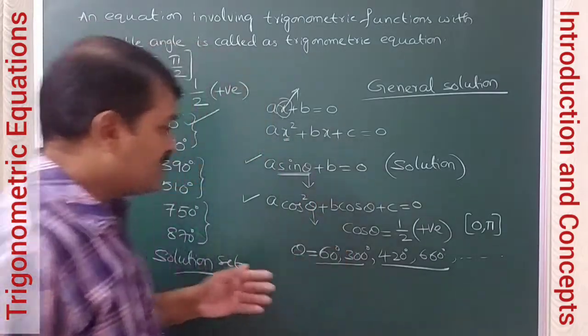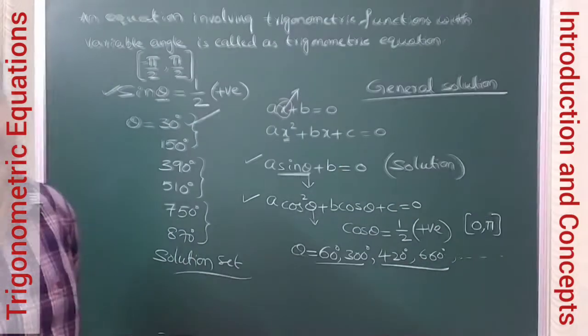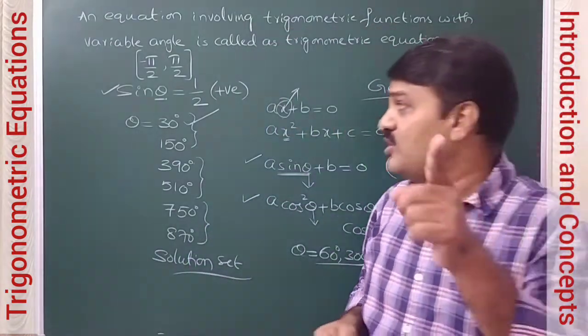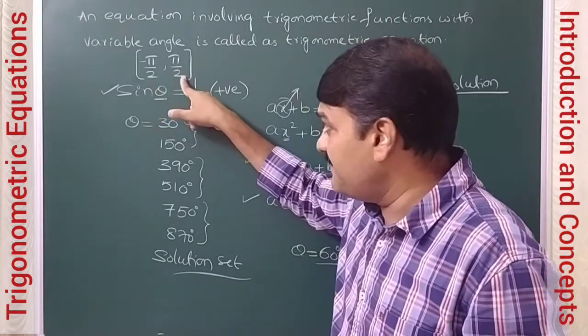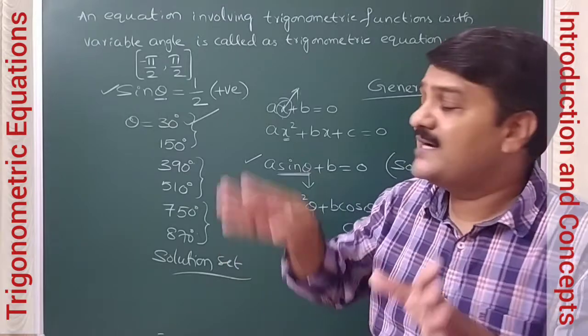So for the sine function the interval is different, for the cos function the interval is different, because for a principal solution the solution must be unique.